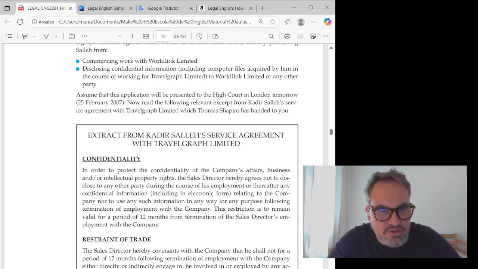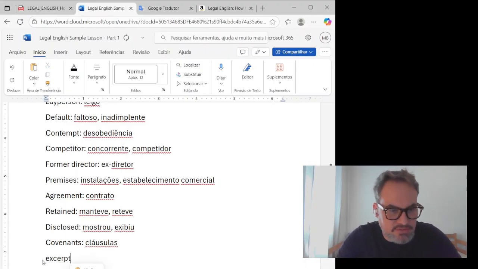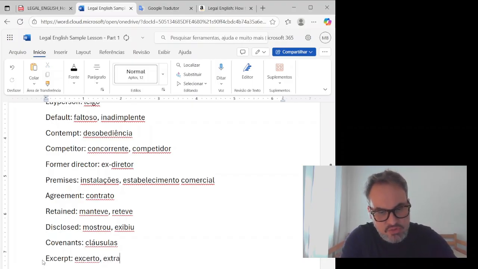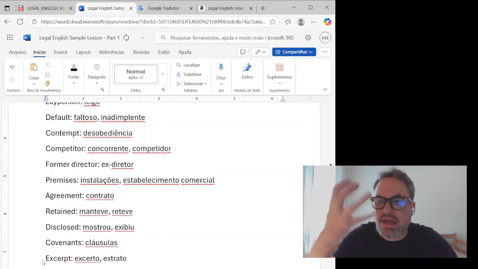Is there any interesting word here? Let me see. Excerpt, maybe. Excerpt is like an extract, a part of a text. Okay, let's write it down here. Excerpt would be excerto in Portuguese or extrato. Okay, a part that you get from a text.